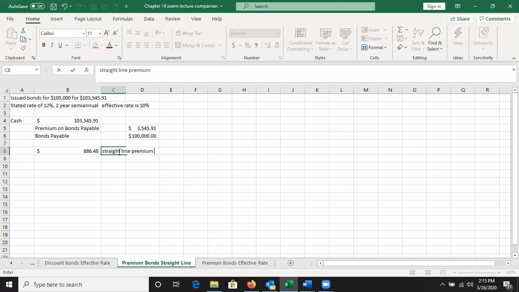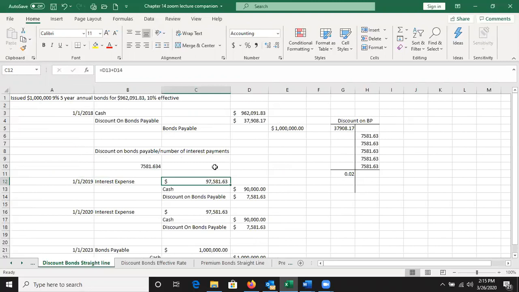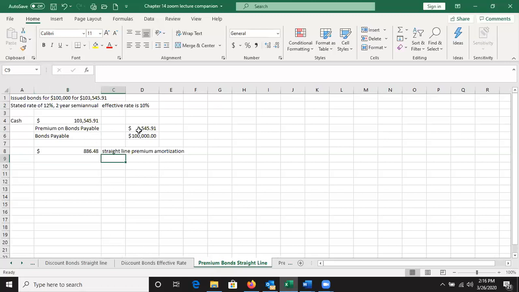Anyways, so this is the straight line amortized premium amortization. Now let me ask you this. With our prior journal entries, we had a credit to discount on bonds payable every time we paid interest, because we initially debited it. So we had to reduce this big number to 0, and to do that, we had to credit it. However, premiums are initially credited.